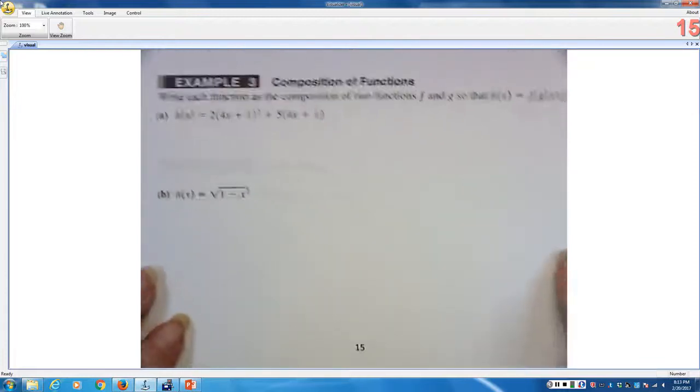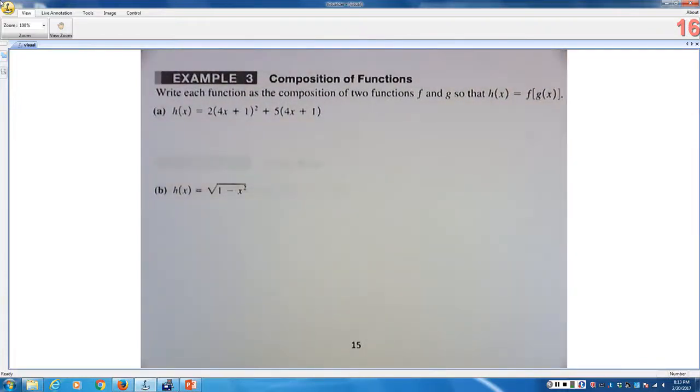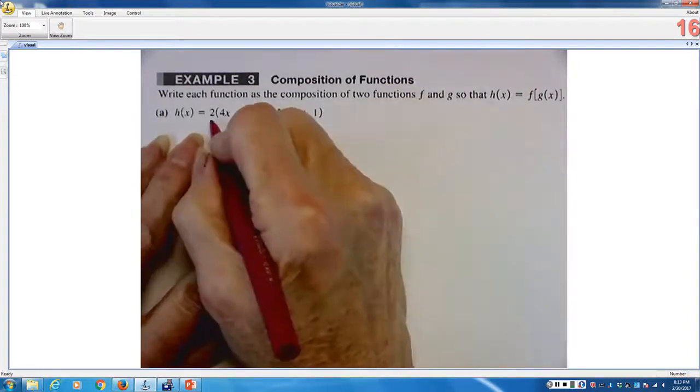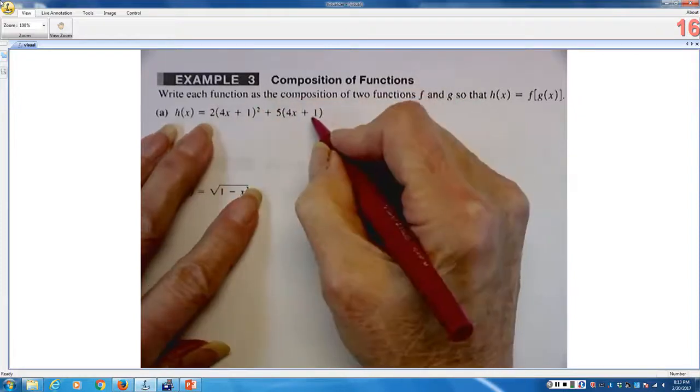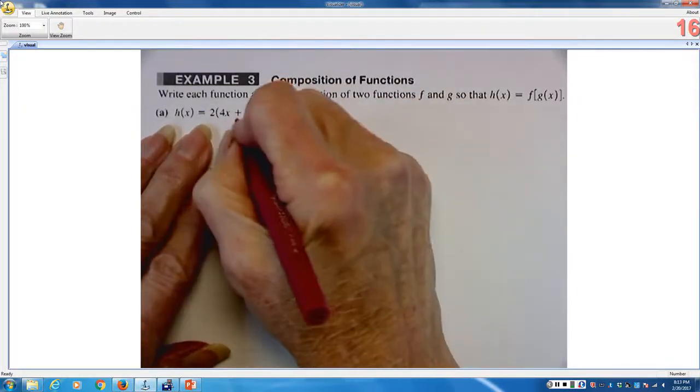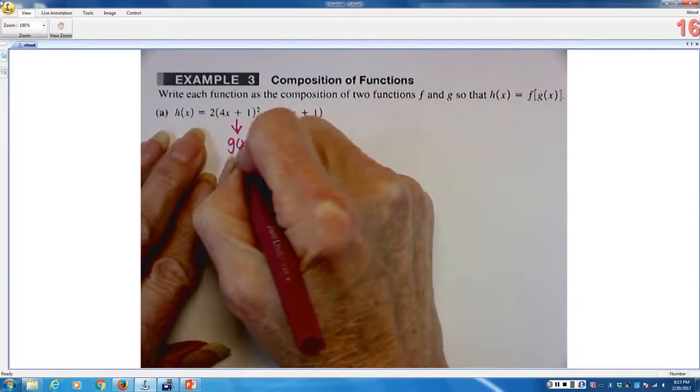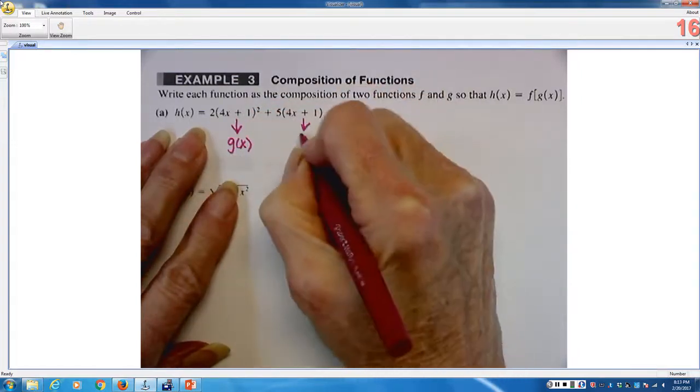Now, the next example, they're going to kind of switch it up on you a little bit. They're going to give you h of x, and h of x is actually f of g of x. But you've got to figure out what's f and what's g. So taking g to be the inside, apparently f's job is to square it, multiply it by 2, and add 5 times it. So the inside would be g of x, because that's the part that matches on both terms.